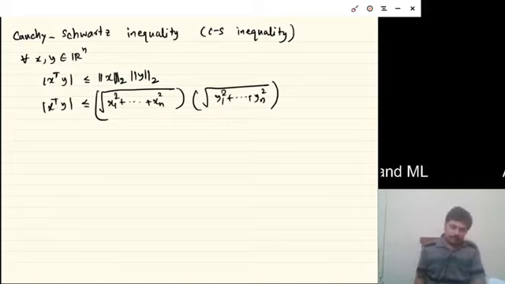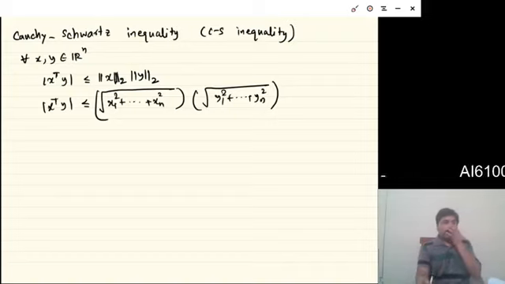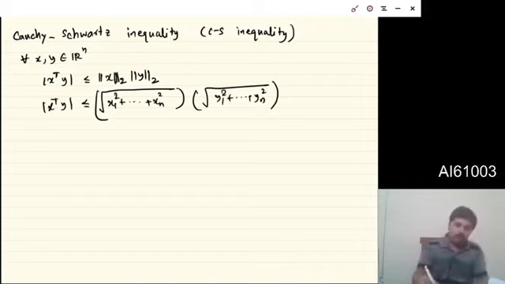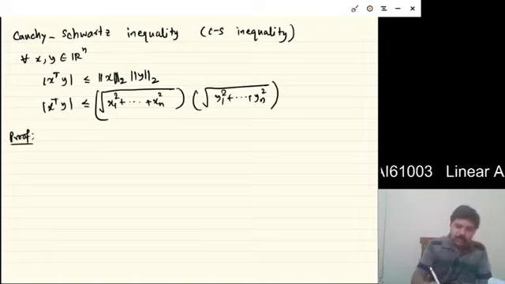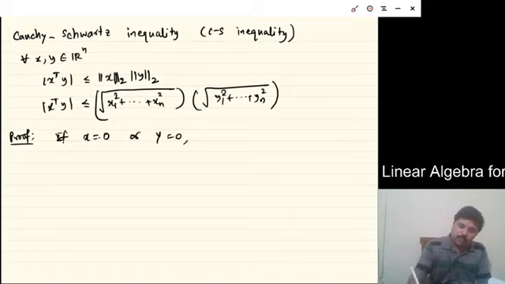So what am I going to do? I am really going to prove this inequality, and the way we are going to prove it is the following. The first observation is that if x is equal to 0 or y is equal to 0, then equality holds and we are through.